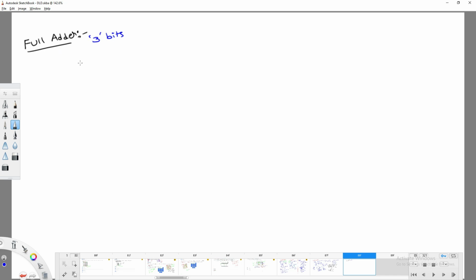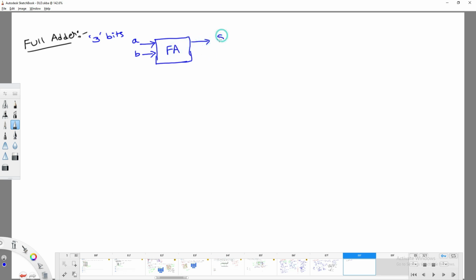Okay, fine. So how can you do that? Basically the requirement is that you are going to have 3 inputs. One is A, another one is B. These inputs I am going to give to a circuit, the full adder.